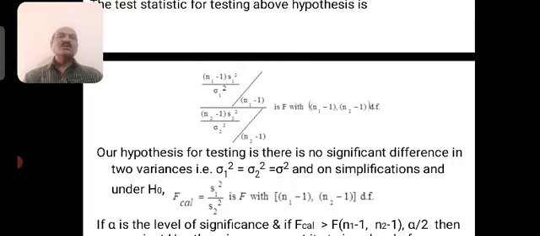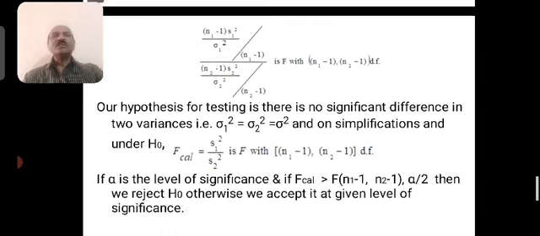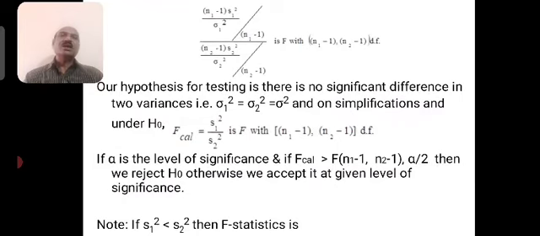But sigma 1 square and sigma 2 square are equal, denoted by sigma square, so that division is again cancelled. So on simplification, under H naught, F calculated will be s1 square by s2 square, which is F with n1 minus 1, n2 minus 1 degrees of freedom.